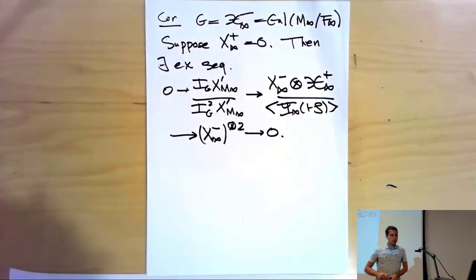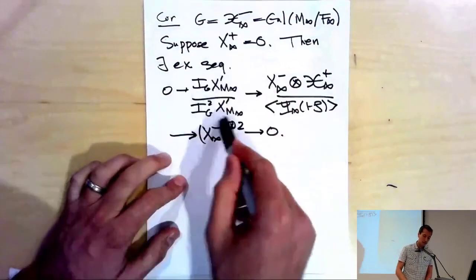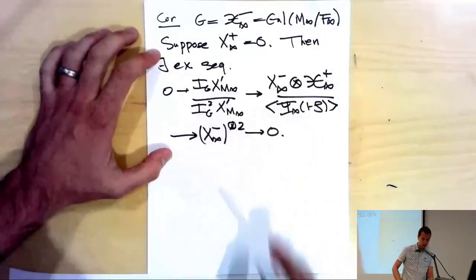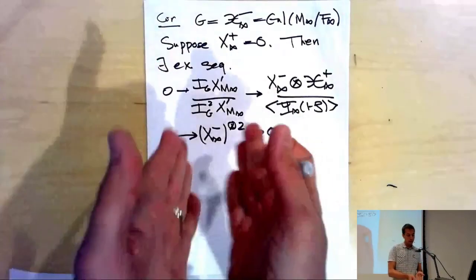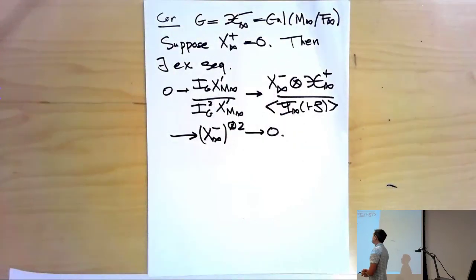So this is a structure theorem for this piece in the augmentation filtration of the completely split Iwasawa module over a very large Kummer extension of F infinity. And it's controlled by this thing.